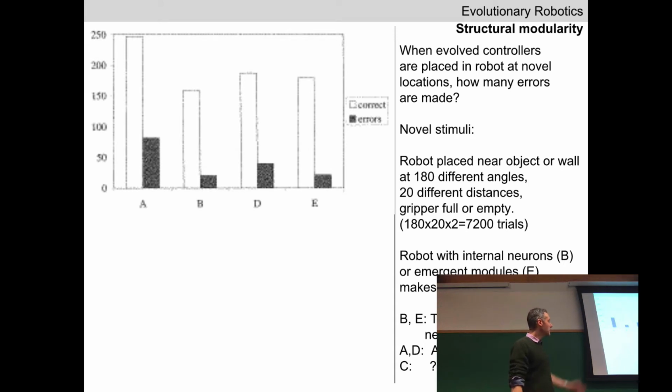But it looks like B and E, and certainly we usually want E to do the best here, E is making the fewest mistakes. So not only did E get high fitness during evolution, and the E controllers transferred well from the simulated to the physical robot, but it's also more robust. It's making fewer mistakes in new situations. Okay.